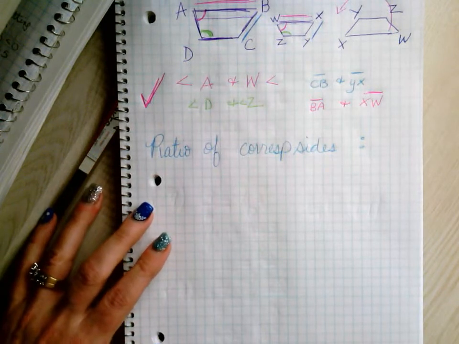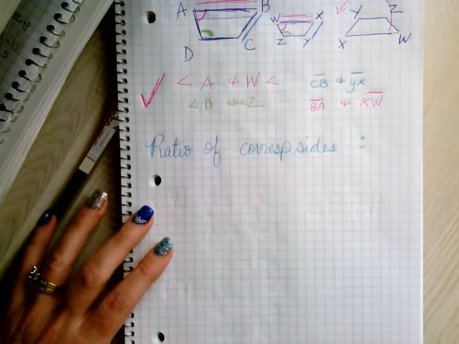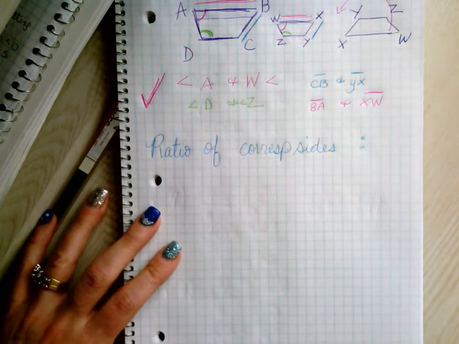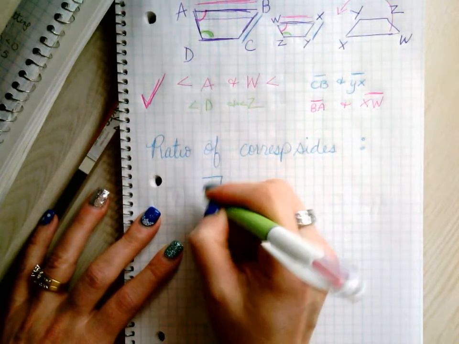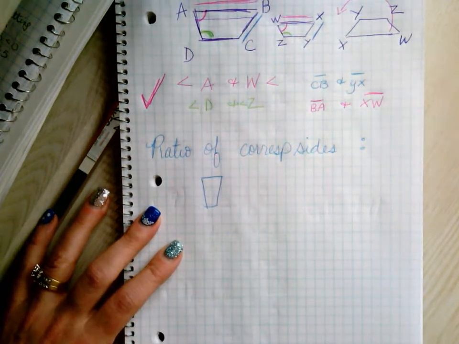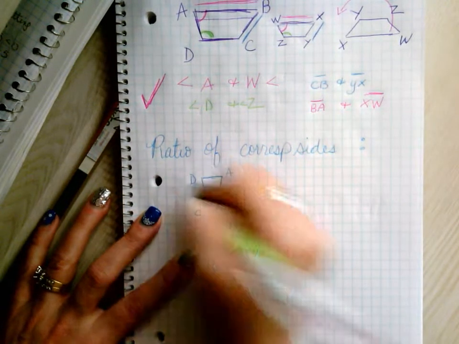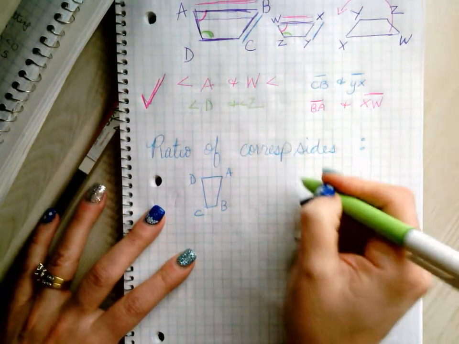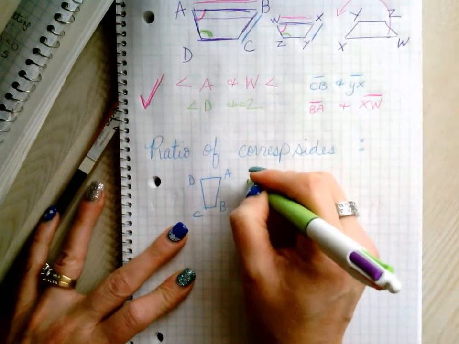Well, given what they've drawn for us, they've got quadrilateral ABCD, which they've drawn on its side, but I'm going to flip it because I don't have time to fool around here. There's ABCD. ABCD corresponds to, or is similar to, JKLM.